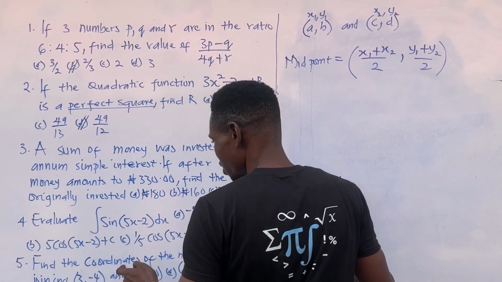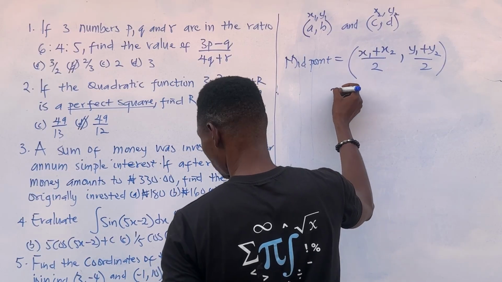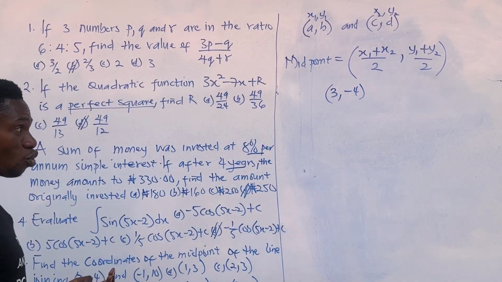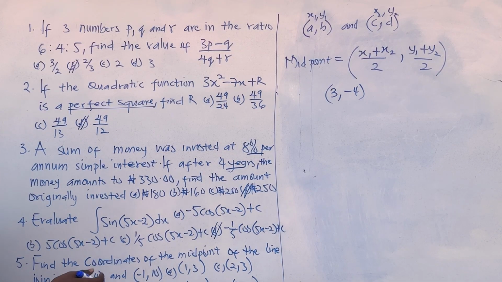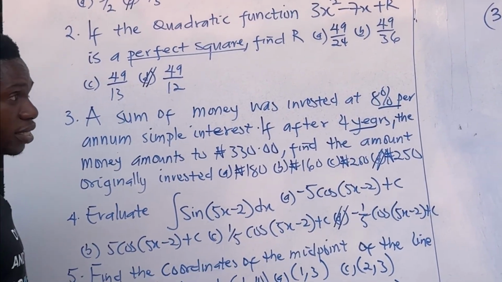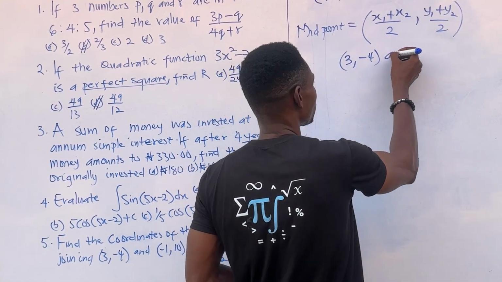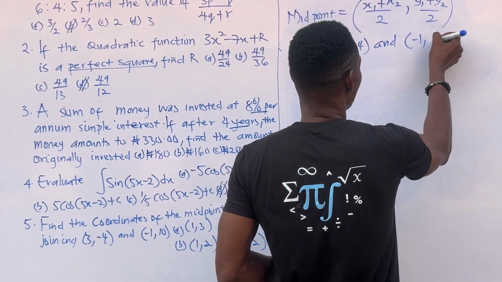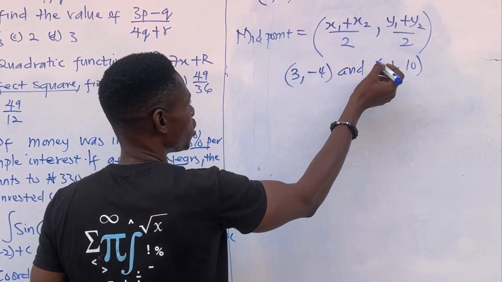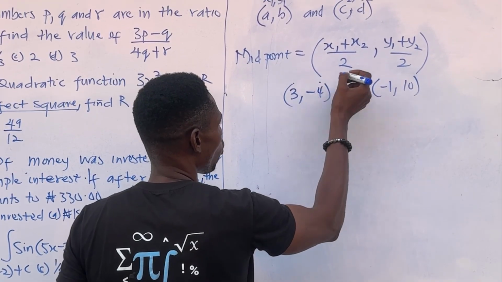So in this case, the 2 points we want to get the midpoint for are 3 comma minus 4 and minus 1 comma 10. So remember, this is our x1, y1, x2, y2.